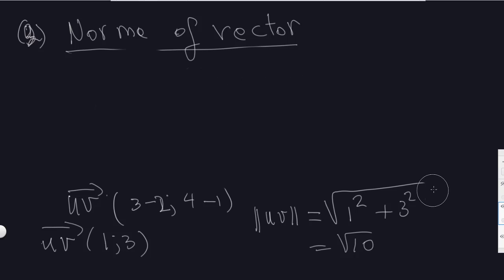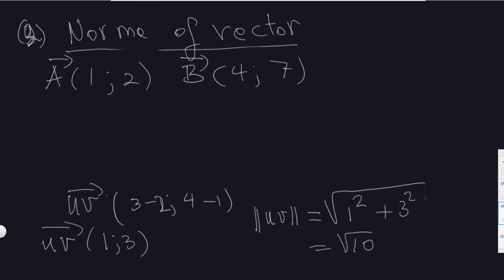All right. Now, example number 2. You have a vector a, 1, 2. This is the first vector, and a vector b is 4, 7. This is vector b. So what will be the norm of this vector?